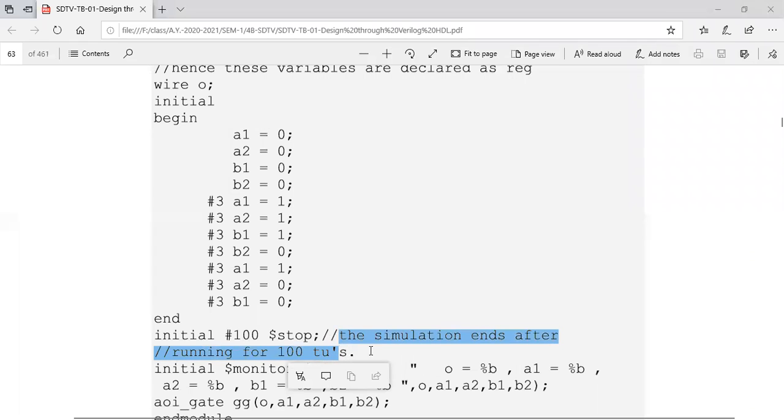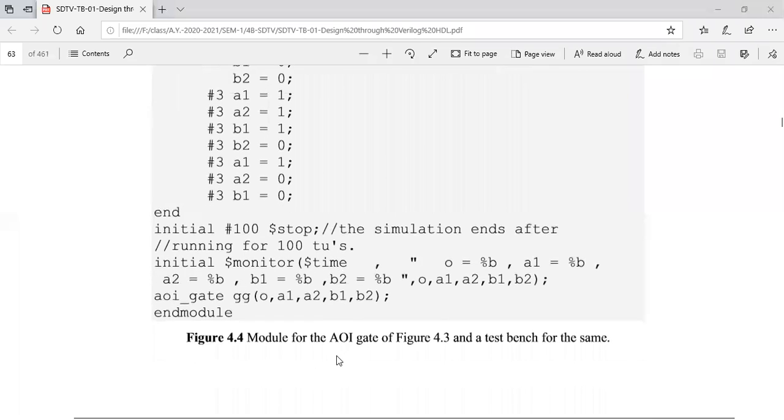What is TUS? Time units second. Here I don't mention whether it is microsecond, nanosecond or millisecond. It's just time unit second.